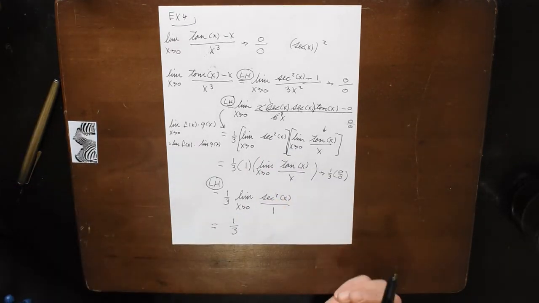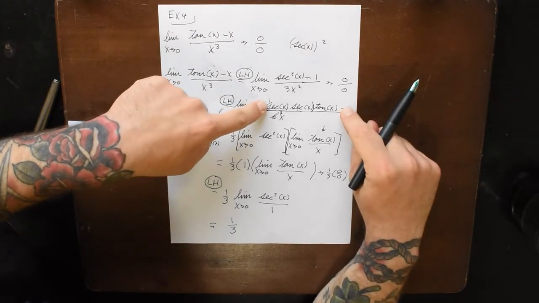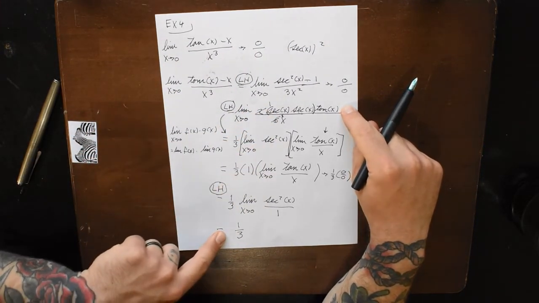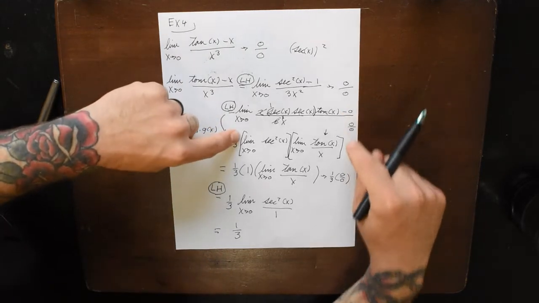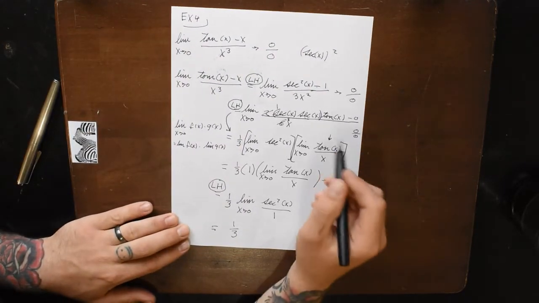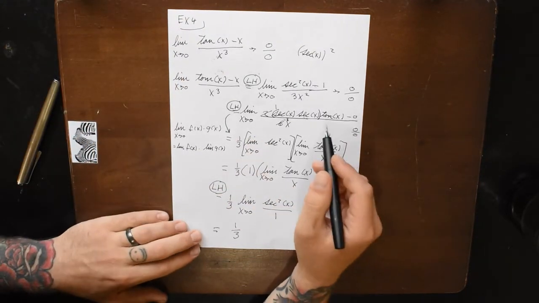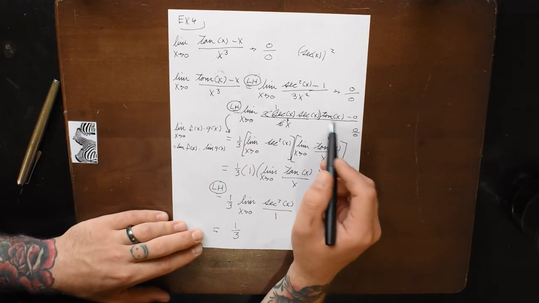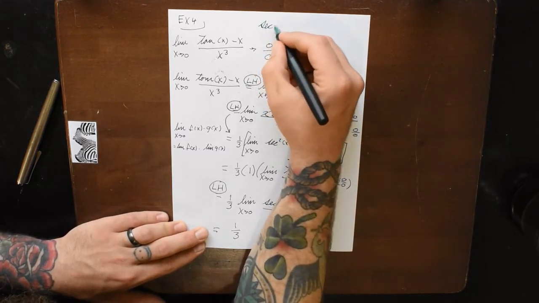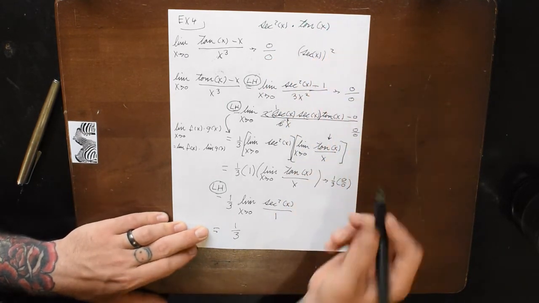What if you didn't notice it? You can apply L'Hopital's rule right here, because after all, you will get a 0 divided by 0, and it will get you back down here to 1/3. You don't have to make this clever observation, but I will warn you, especially when there are trig functions floating around because of the way they interact, if you wanted to apply L'Hopital's rule here without doing this algebra, you would have to deal with a secant squared of x times a tangent of x in your numerator, which is fine.